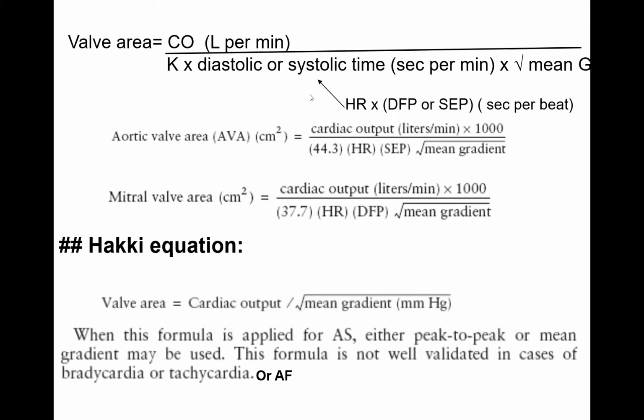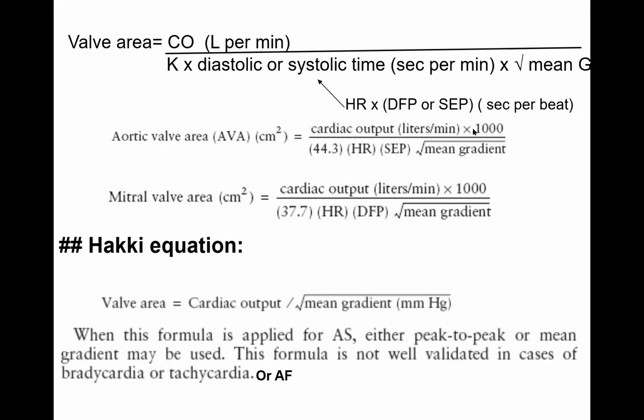Let's say every systole is X amount of milliseconds multiplied by the heart rate. So this is where that complex equation comes. It's cardiac output divided by the systolic time, which is heart rate by the systolic time of every beat. Then you add 1,000 to adjust for the units and the constant.